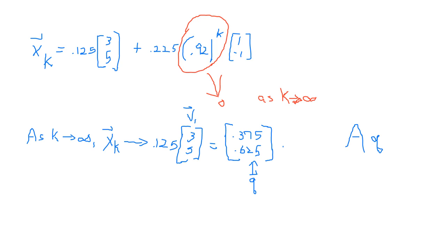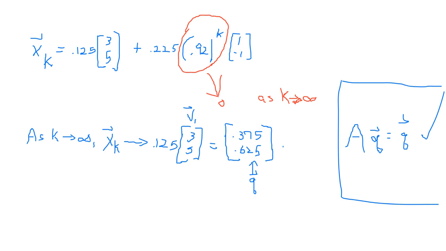In section 4.9, we found the steady state vector by solving this matrix equation, A times Q equals Q. So section 4.9, you had that approach.